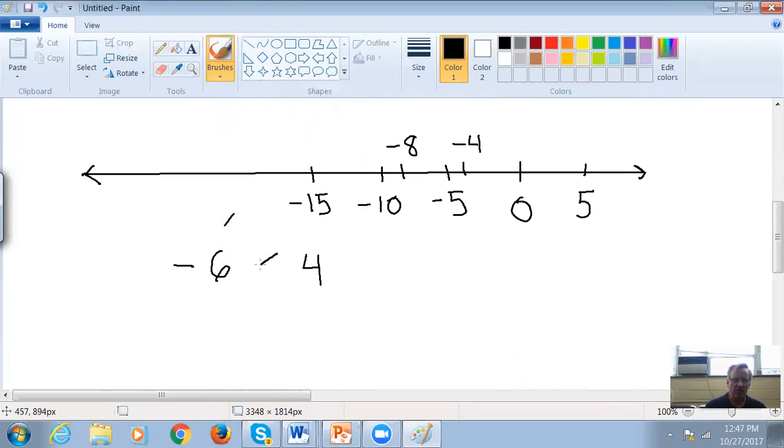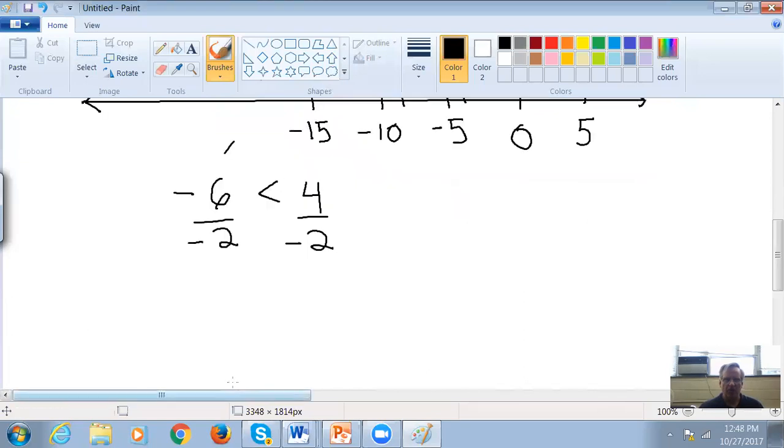So I'm going to say negative 6 is less than 4. Okay, so I'm going to divide each of these by a negative 2. Let's see what we would end up with then. Negative 6 divided by negative 2 is going to give me a positive 3. 4 divided by a negative 2 is going to give me a negative 2.